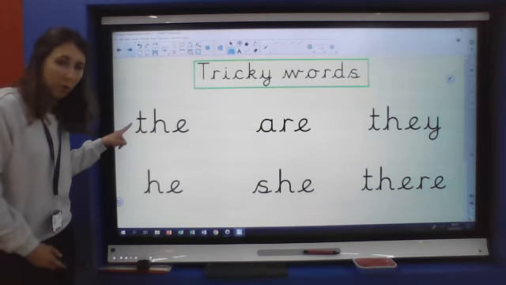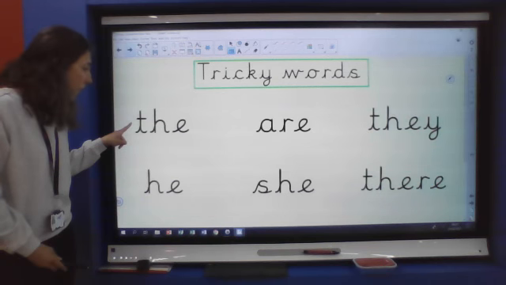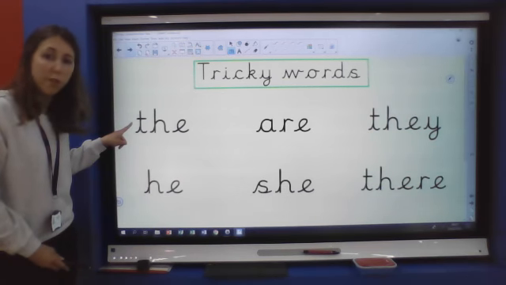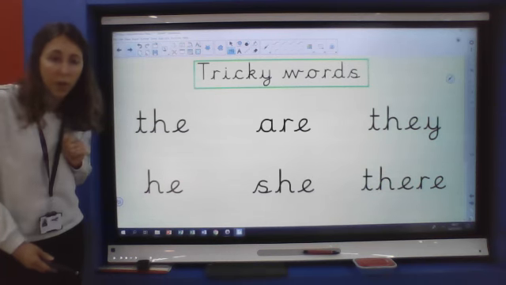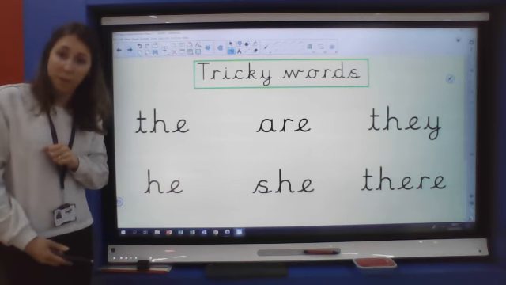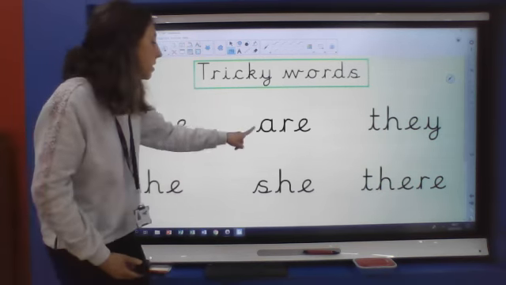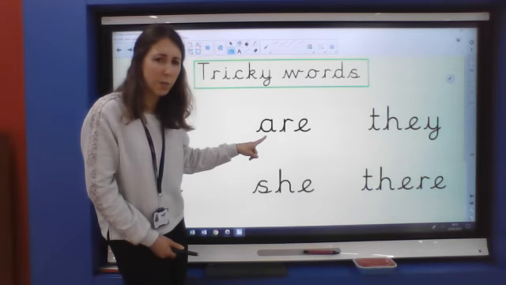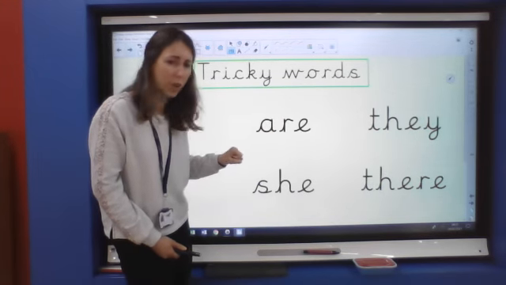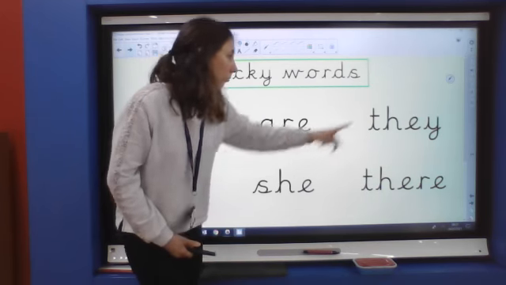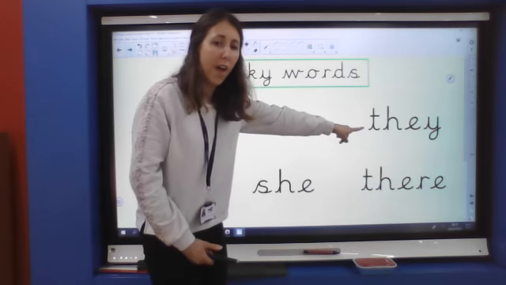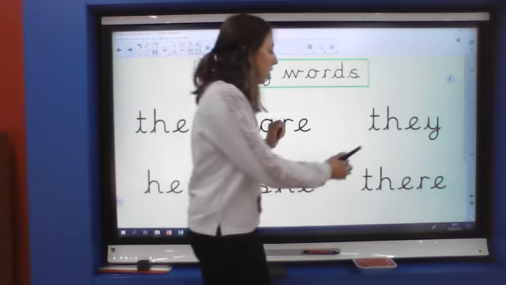Can you tell your grown-up or shout out what this tricky word is? It's the, isn't it? The dog, the girl, the boy. And the is often a word that might come at the start of a sentence, isn't it? Oh, tricky word. What's this one? A-R-E is a tricky word. Are. They are. No, they's a tricky one.